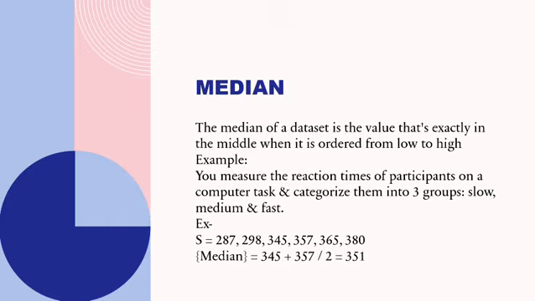You can look at the given dataset. The two middle values obtained are 345 and 357. Now find the mean value of these two numbers, that is 345 plus 357 divided by 2 equals 351. So the median is 351.